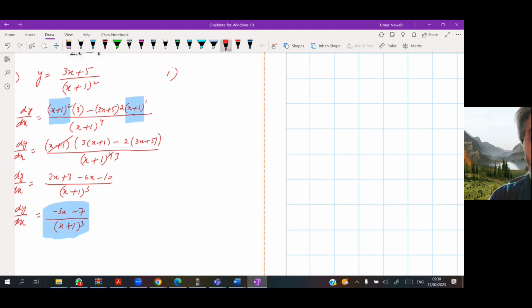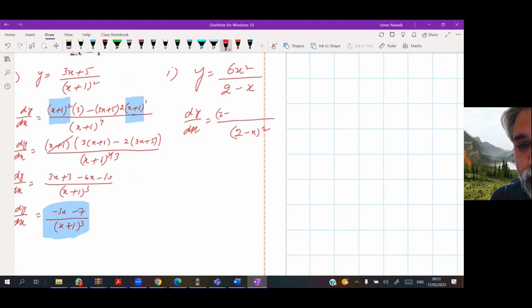I part: 6x squared over 2 minus x squared. Derivative of 6x squared is 12x. And then the derivative of 2 minus x is minus 1.